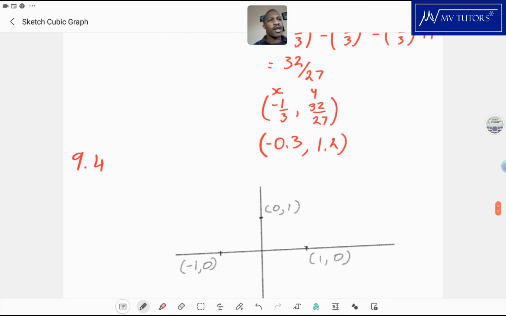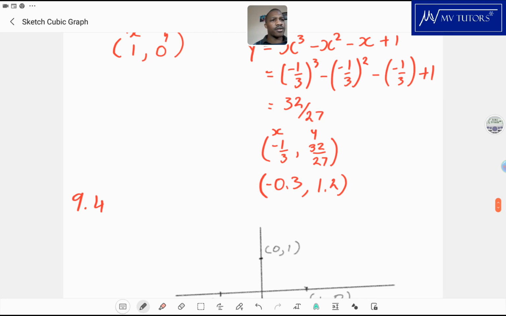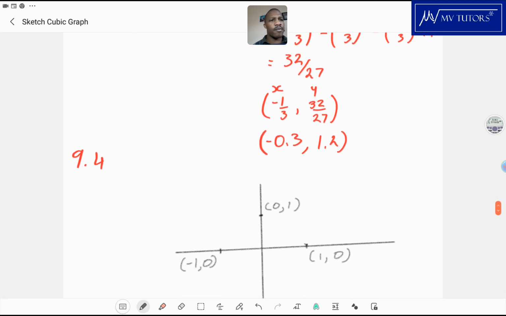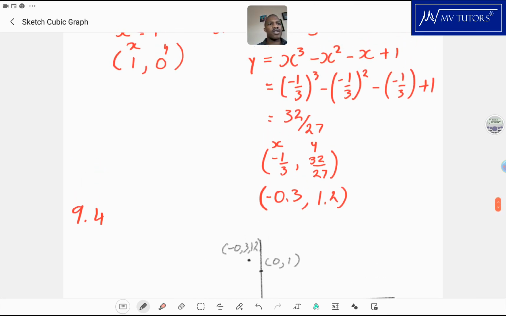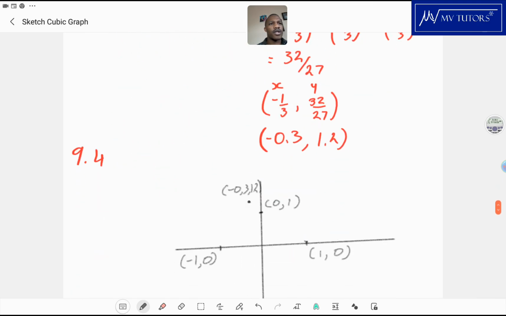Okay, and then my other turning point is -0.3, which is somewhere here, 1.2, which is somewhere here. That's the point. So this one is -0.3 and 1.2.